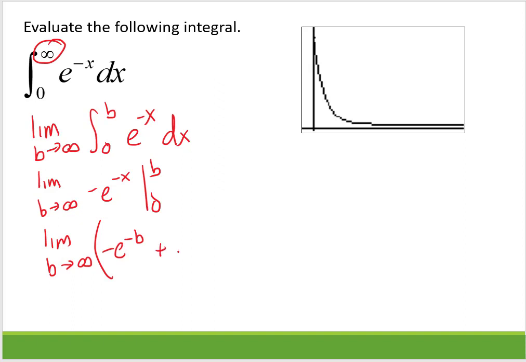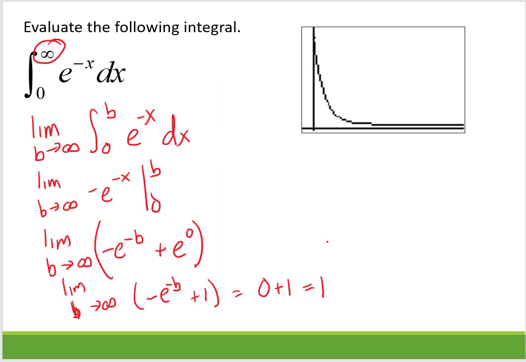Minus a negative e to the 0. So now I'm looking at the limit as b goes to infinity of negative e to the negative b plus 1, and that equals 0 plus 1. So that limit equals 1.